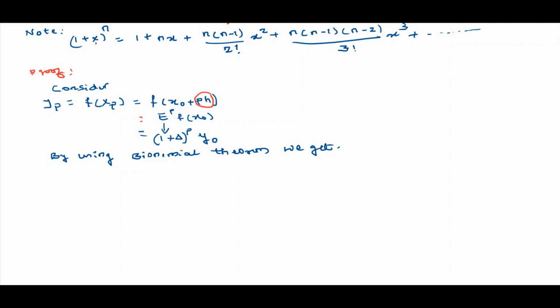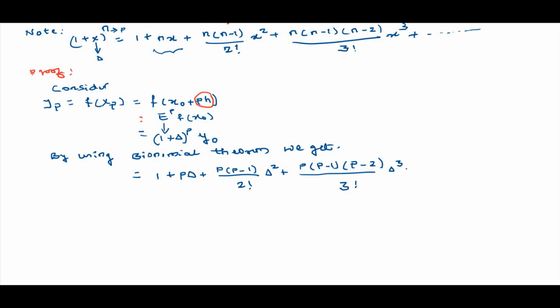So in this formula, if you substitute x is equal to delta and n is equal to p, we get 1 plus nx; in place of nx, n is nothing but p, x is nothing but delta, plus the next term p into p minus 1 divided by 2 factorial, and x square we can write as delta square, plus next term is p into p minus 1 into p minus 2 divided by 3 factorial, x cube is nothing but delta cube, plus and so on.